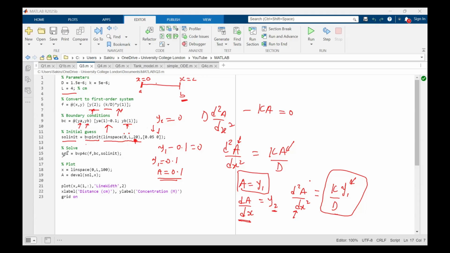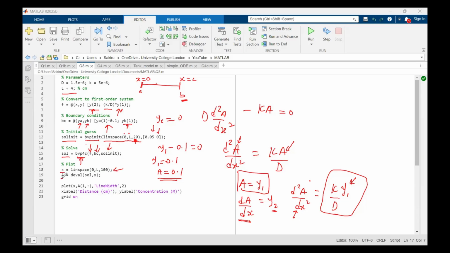So you solve the BVP. You can use this function bvp4c. This is one solver that you can use. You pass the function, the boundary condition and the initial guess, and then you plot the result.